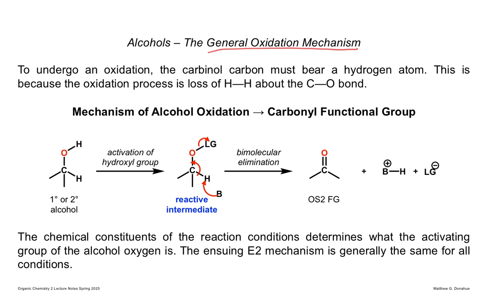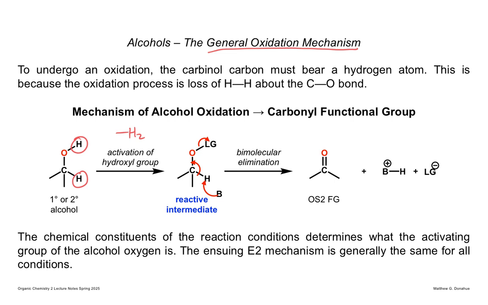The constraint is that you must have a hydrogen atom on the carbon bearing the OH group. And alcohols by their nature have an OH, so you have a second hydrogen. What is happening overall is you're losing a molecule of H2. It doesn't necessarily happen as H2 itself, but an equivalent of that.